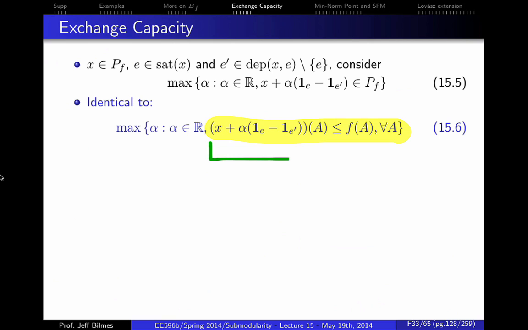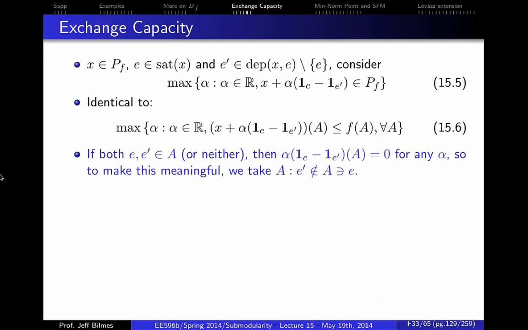This is basically like treating this whole thing as one vector, then evaluating it at A. Now, if it's the case that both or neither E or E prime are in A, then basically the statement becomes vacuous because we're just adding and subtracting alpha. So in order for this to be non-vacuous or meaningful, basically we need to take, let's say, E inside of A. So A contains E, but A does not contain E prime.